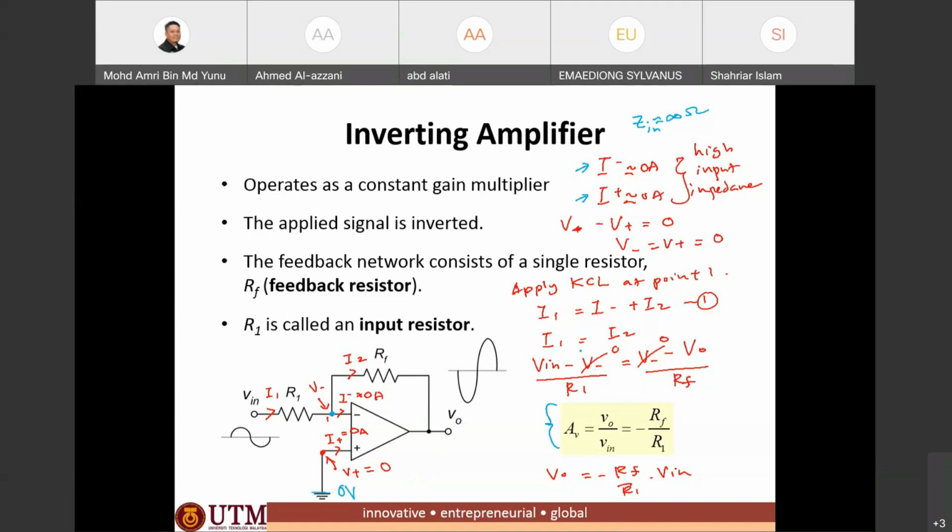So V minus is equivalent to 0 and V plus is equivalent to 0 volt. So we can rewrite the equation, and finally we can derive that the gain is negative RF over R1, and V out is equivalent to negative RF over R1 multiplied by V in.